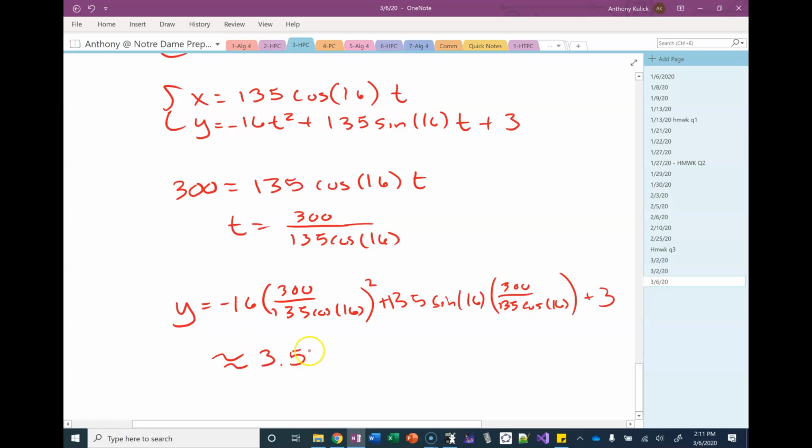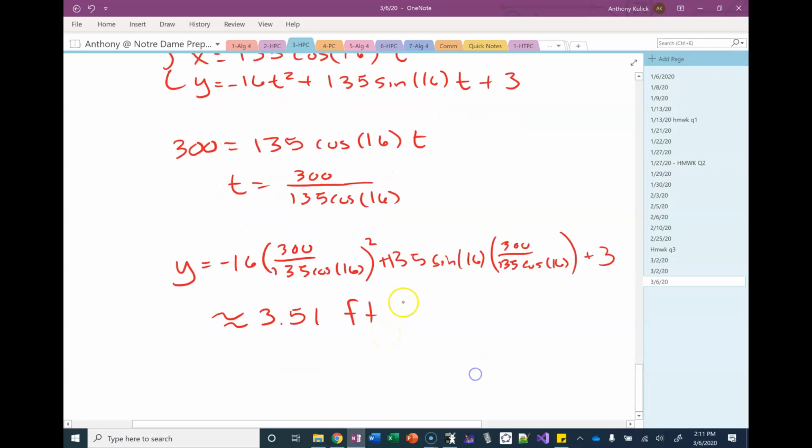So when I type that all into my calculator, I get about 3.51 feet. So how would I answer this question? Is the ball going to clear the fence? No. Why not? The fence is 15. Since 3.51 is less than 15, the ball does not clear the fence.